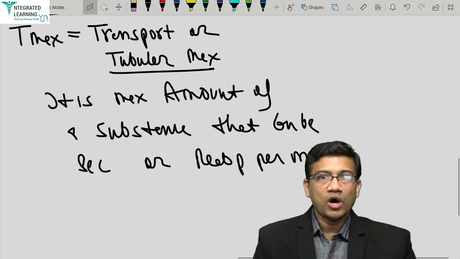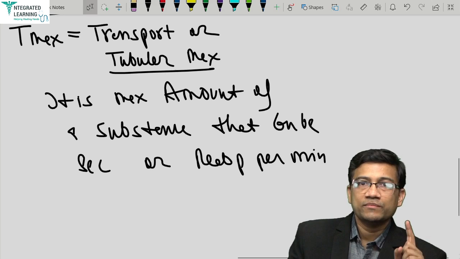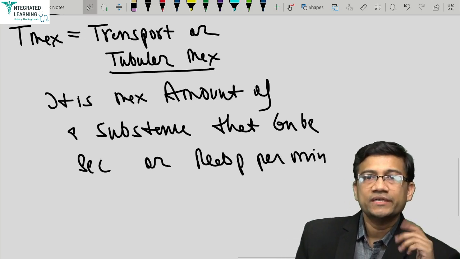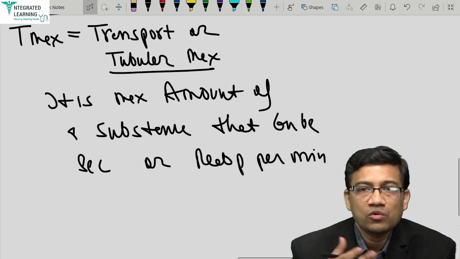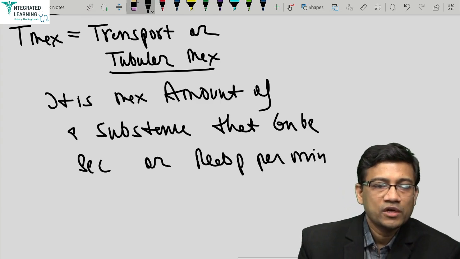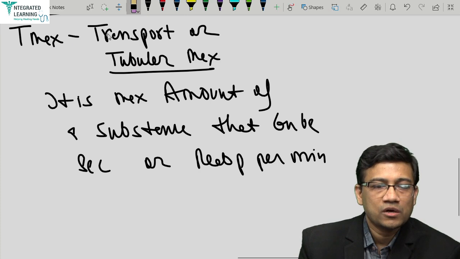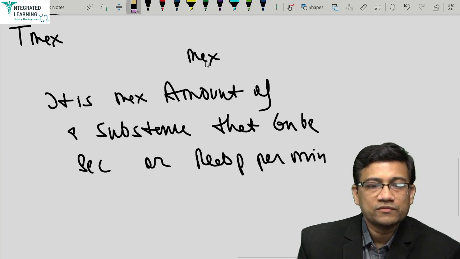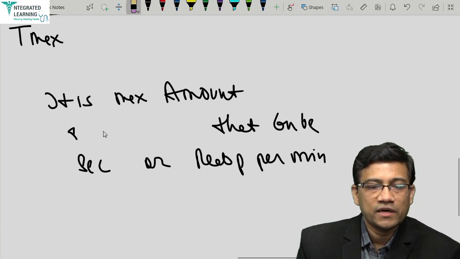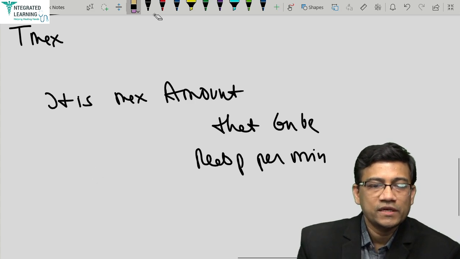Okay. So how much you can secrete or reabsorb in 1 minute is called as the Tmax. Okay. So there will be a Tmax for glucose, creatinine, all substances. Okay. So let's start. What is the Tmax for glucose? So Tmax for glucose is given a name of TMG.